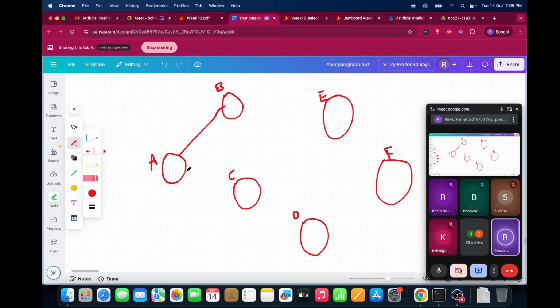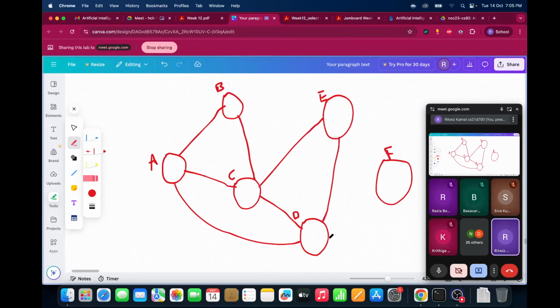A is also adjacent to C. A is also adjacent to D. B is adjacent to C, C is adjacent to D, and C is also adjacent to E, E is adjacent to D, and finally D is adjacent to F. These are the different connections of the countries or parts of the map that are adjacent to each other, denoted by the edges that I have drawn over here. What we have to do is, we are given three colors R, G and B, red, green and blue.